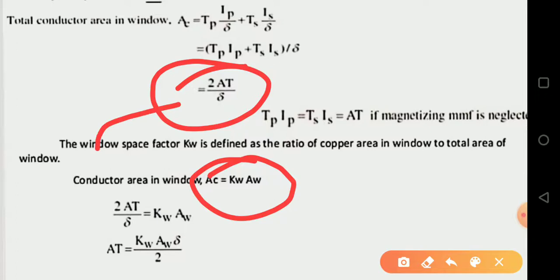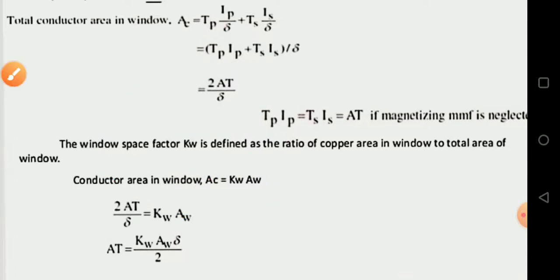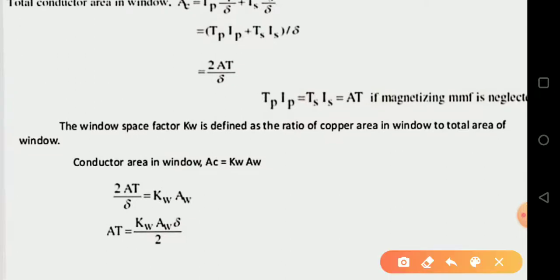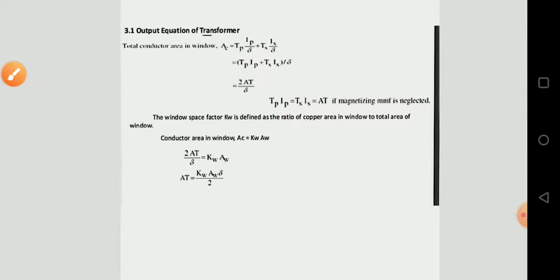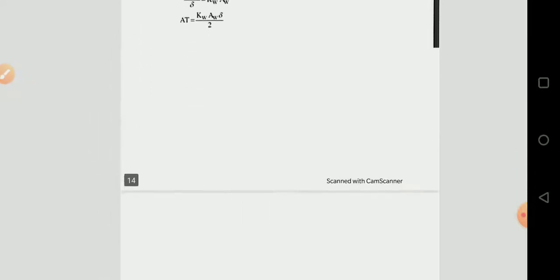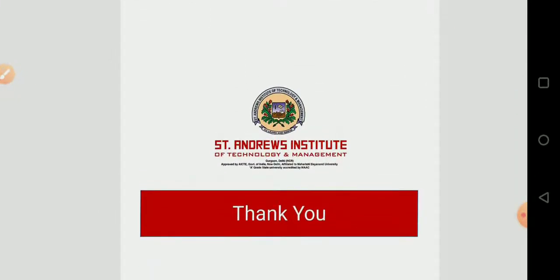So we can equate both equations. Now when we equate both equations, we get the ampere turns IS TS as Kw into Aw into delta upon 2. This is the ampere turn in the transformer. Thank you.